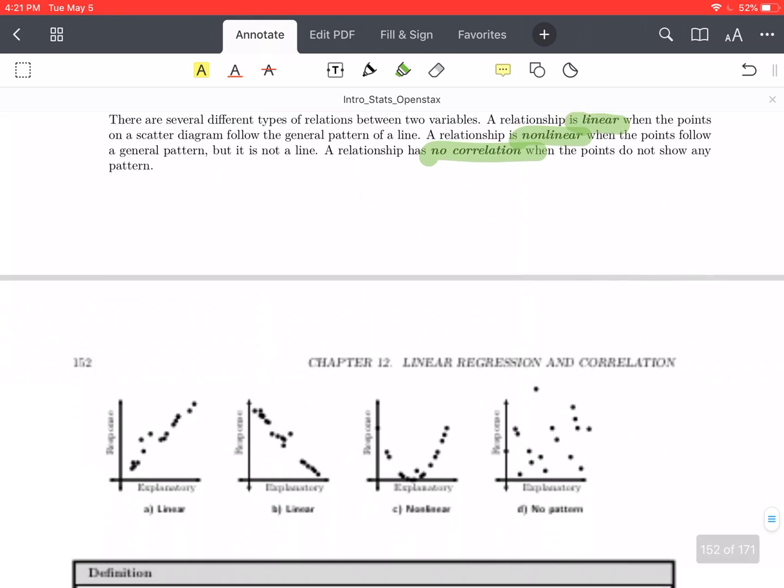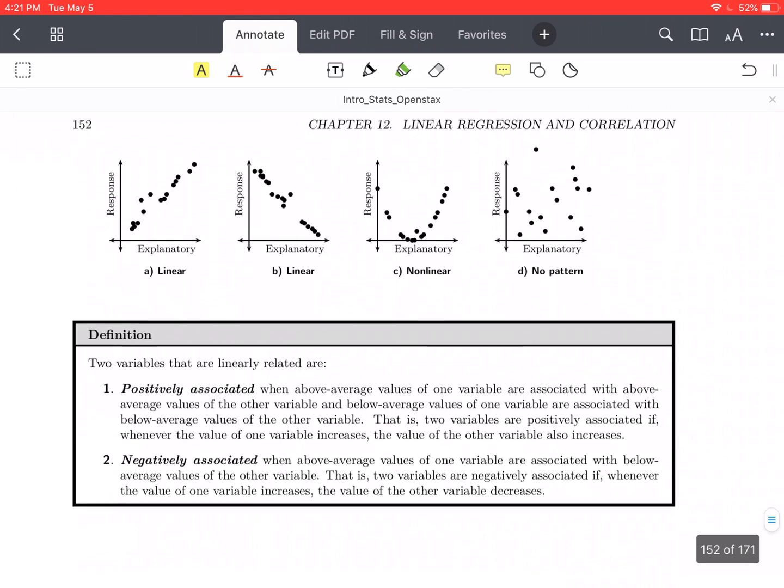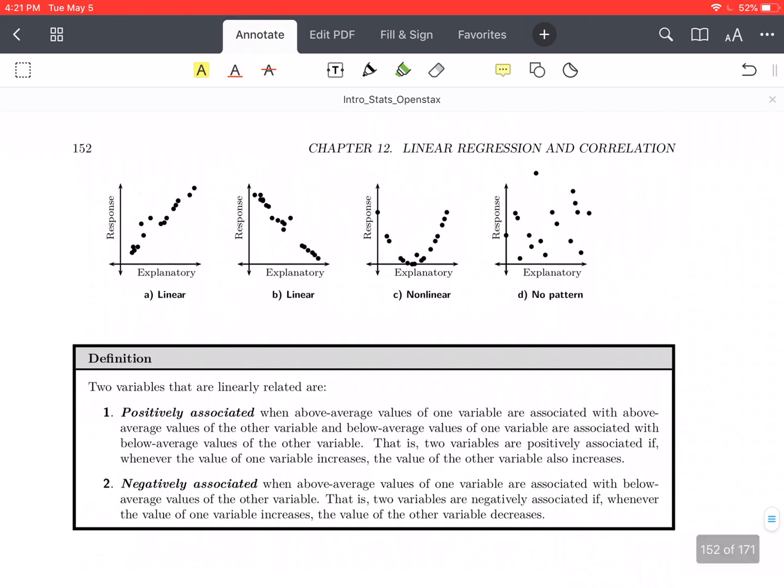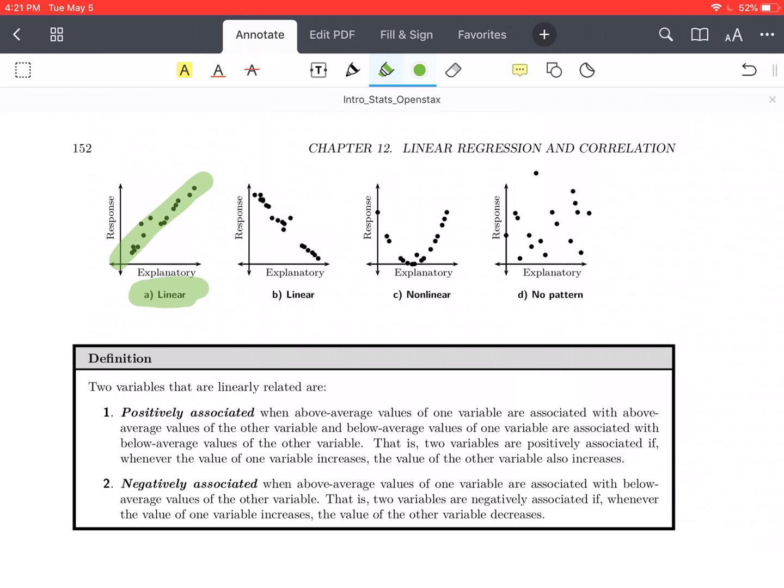If we look at the top of the next page, here's what those would tend to look like. Here we have our linear relationship, where all of these tend in a positive linear fashion. We have another linear relationship where they tend linearly in a negative direction.